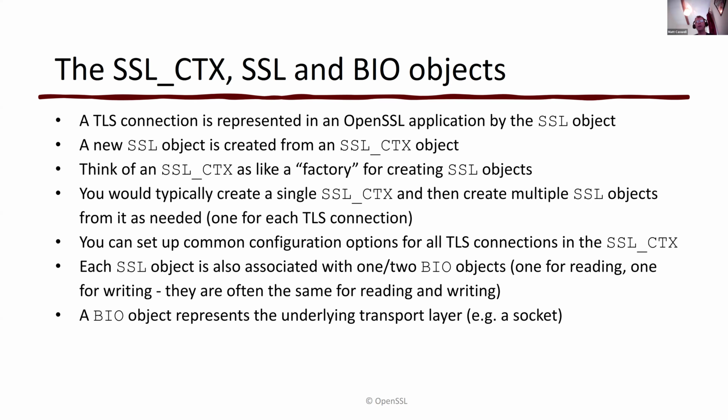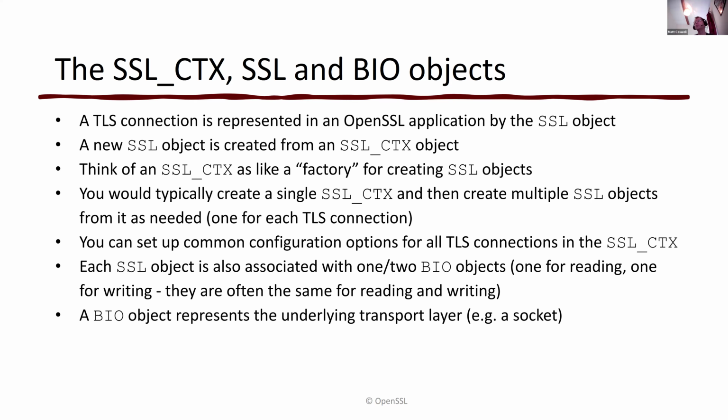You can apply configuration options to your SSL context, and then all of the SSL objects that you create from it will inherit all of those configuration options. Okay, we also, for each SSL object that we create, have to associate two BIO objects to it.